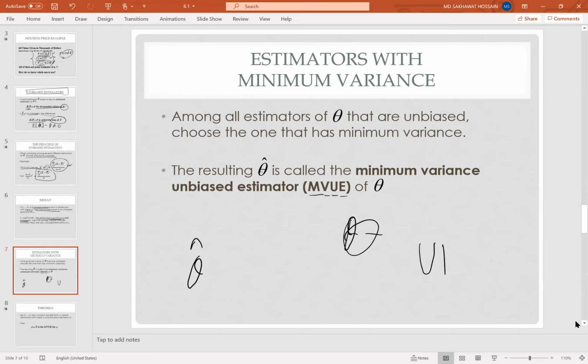Most of the time, the best estimator is the UMVUE, the uniquely minimum variance unbiased estimator. Unique means we have just one estimator which has minimum variance and is also unbiased. This is called UMVUE. We are not going to discuss this one.